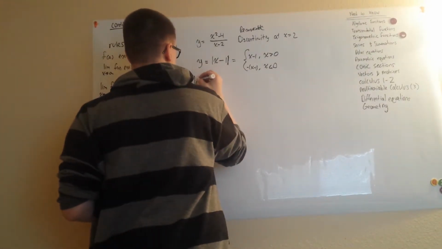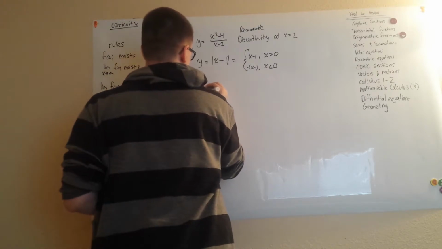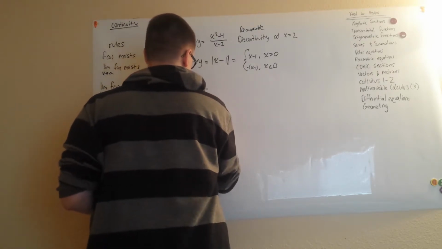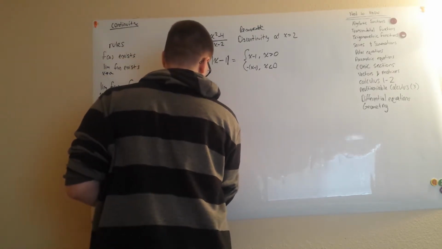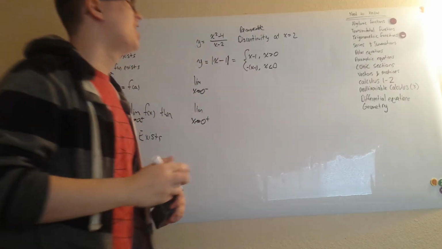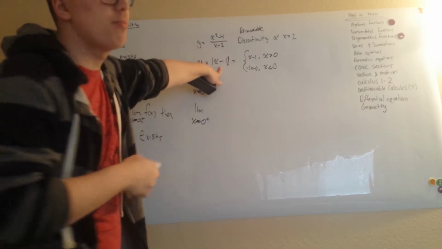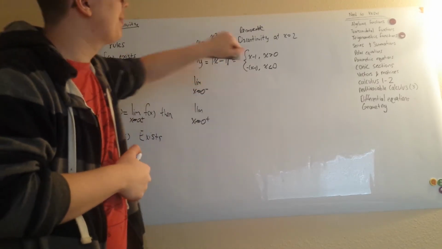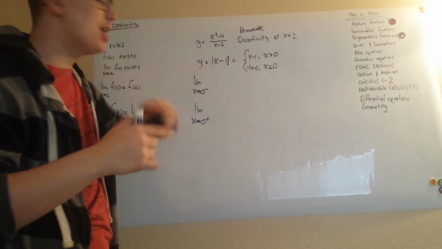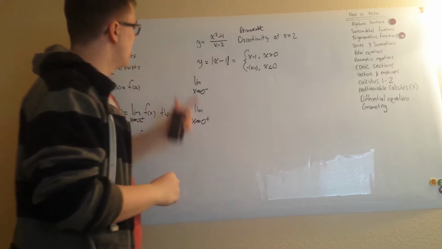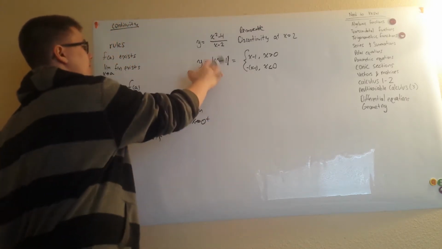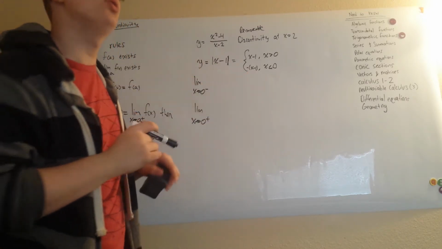So we have to check and make sure these are equal, because otherwise the function is continuous everywhere because it's a polynomial. It's continuous everywhere otherwise.